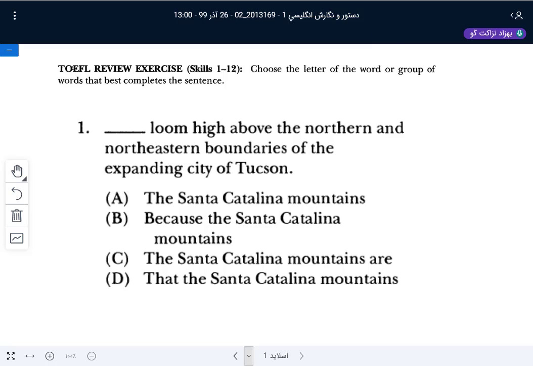What is your choice? I think A, I'm not sure. Very good. You choose choice A. When we are answering this type of question, you remember in previous sessions we talked about the position of a comma. Do you see any comma in the sentence?